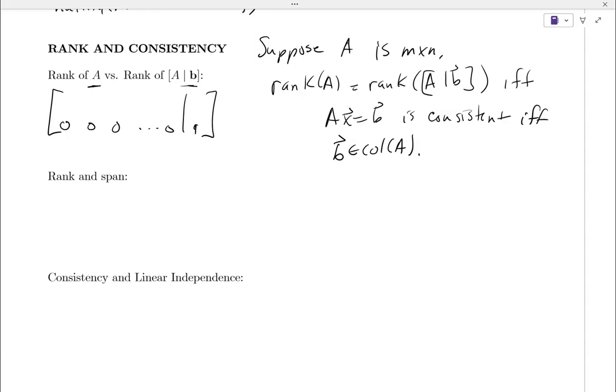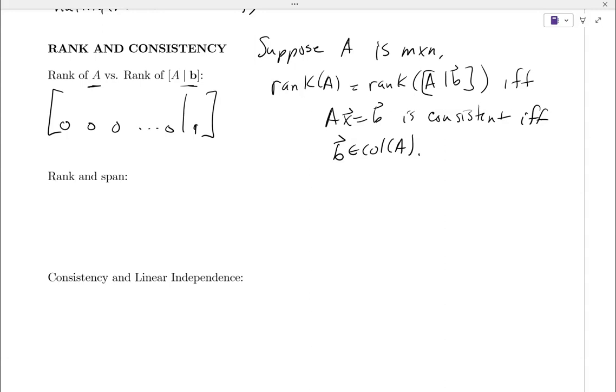So how about how the rank and span go? Remember span: when you do the reduced row echelon form of the matrix, how do you check for span? What do you look at? Pivots in every row, right?